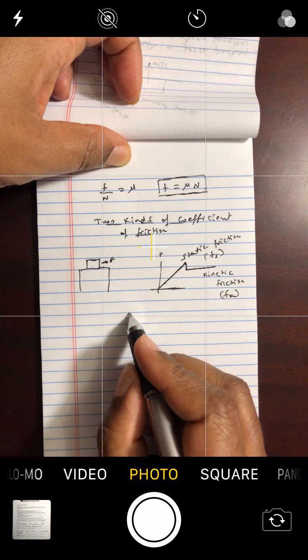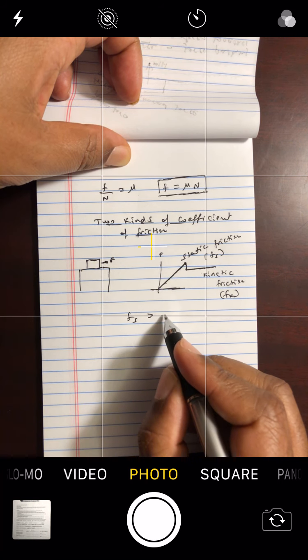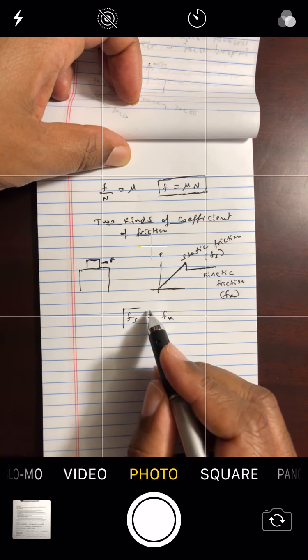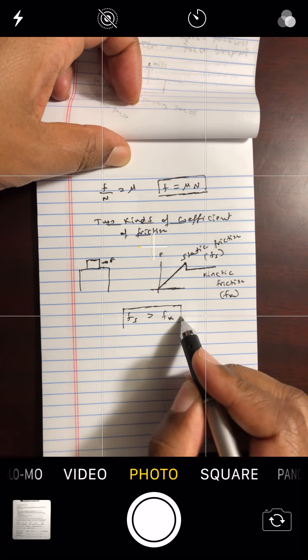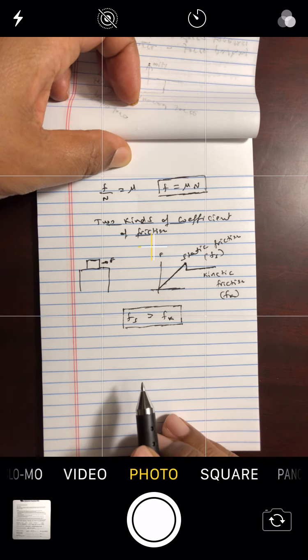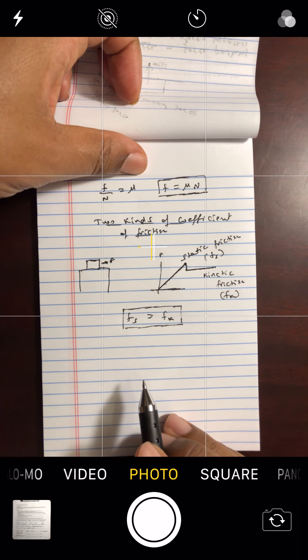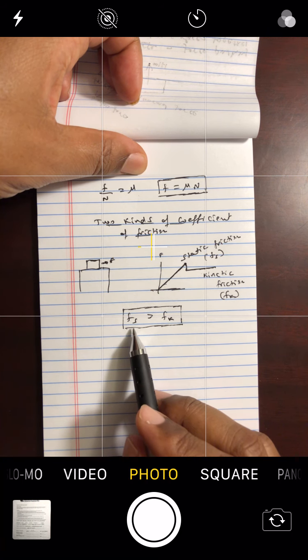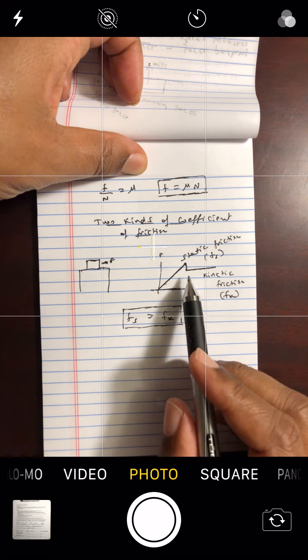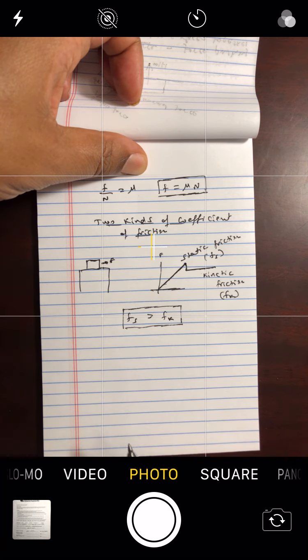So you see, static friction is greater than kinetic friction. The friction that exists when an object just starts moving and the friction that exists when an object has already started moving are different, and the static friction is bigger than the kinetic friction.